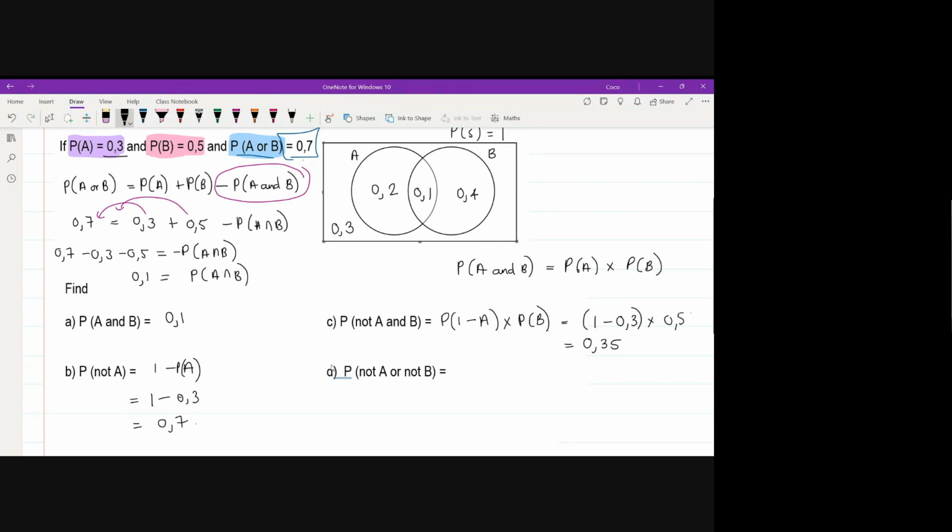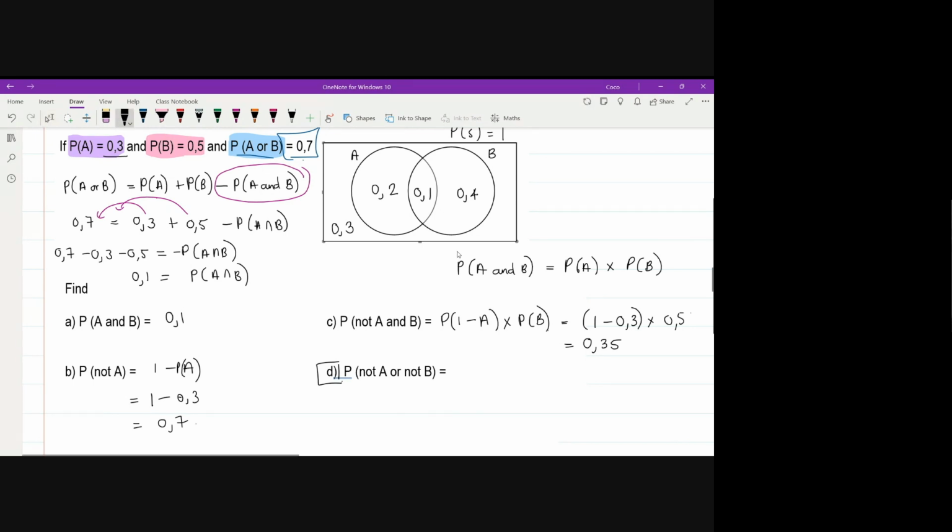Okay, I want you guys to try D for me. Pop your answer in the chat once you have an answer for D, and let's see if you guys can get it. I'm going to remind you guys that in the middle is not an and, it's an or.